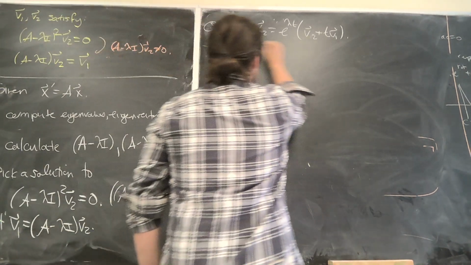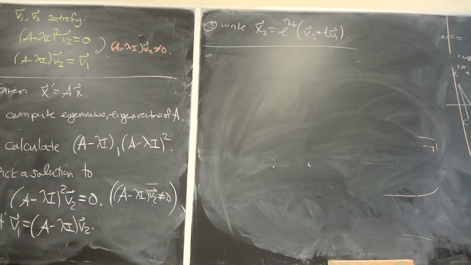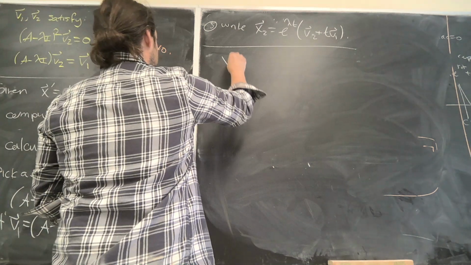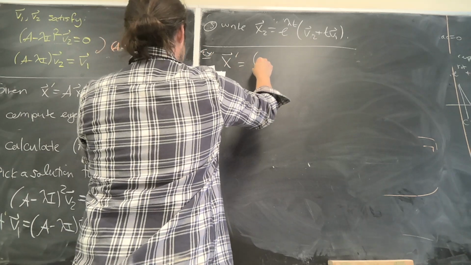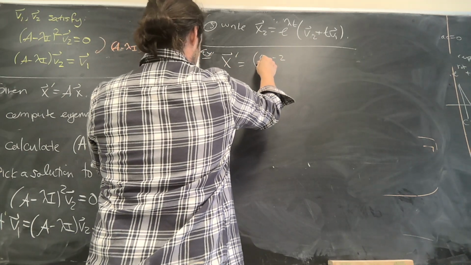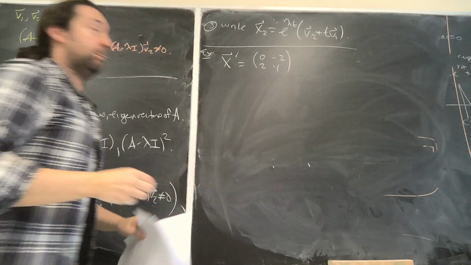So let's apply this 5-step algorithm to the problem that I wrote down last time and see if it's any easier than doing a bunch of vector mathematics. Here's an example: x prime is equal to the matrix [0, -2; 2, 4] times x.